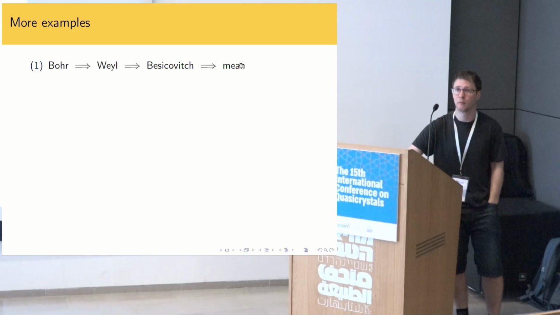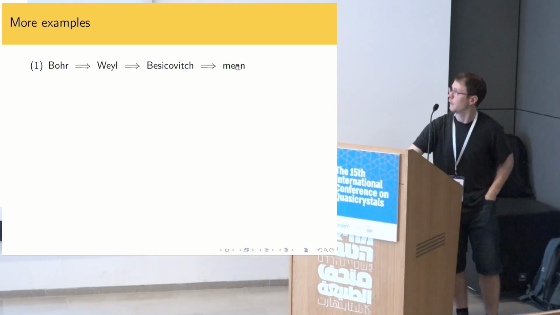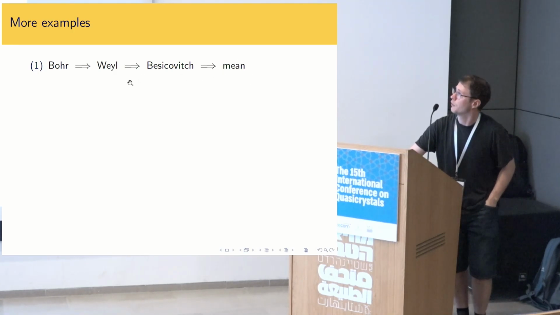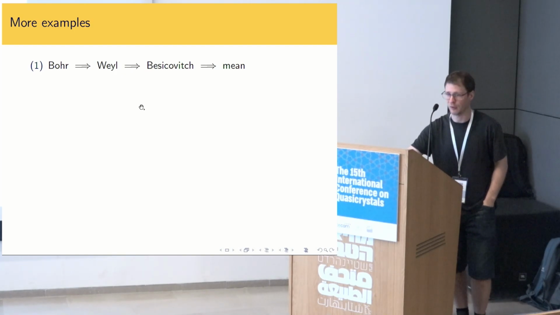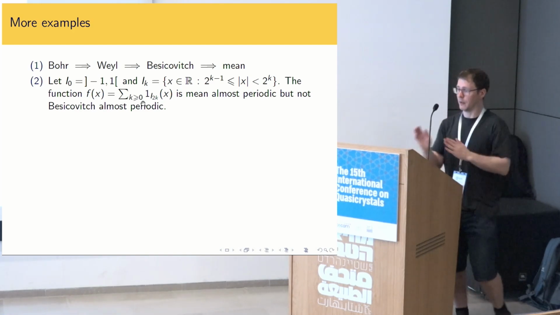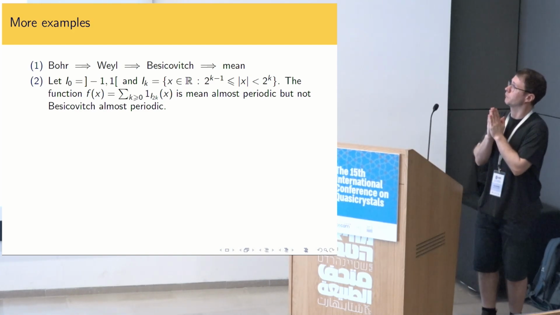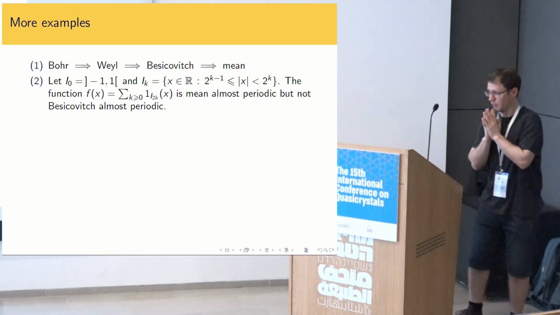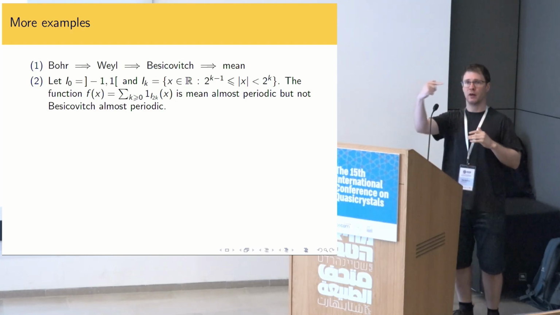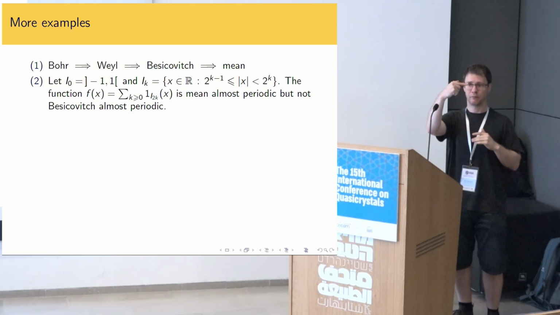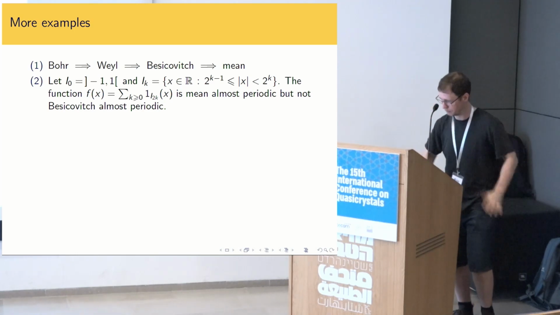And like I said, more on Wednesday. But still, these two will also be important. Also Wednesday. Okay, and now let's get back to examples to show you that none of these arrows can be reversed. None of those notions are actually equivalent.